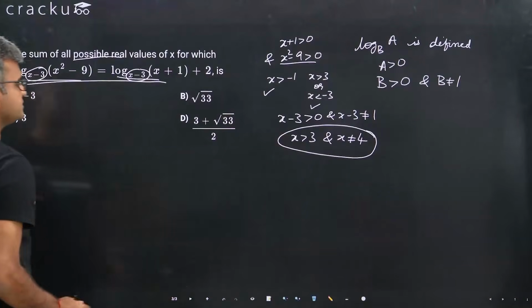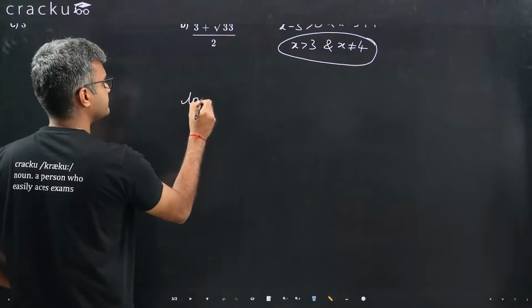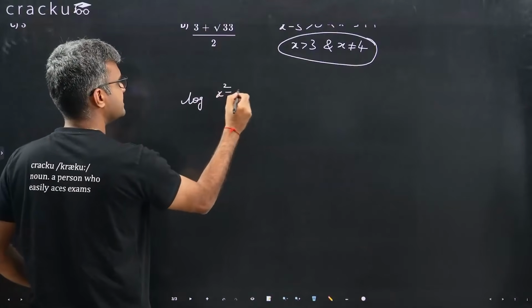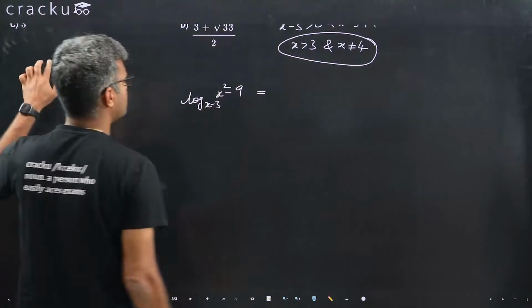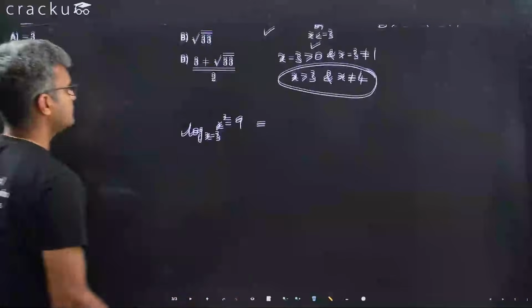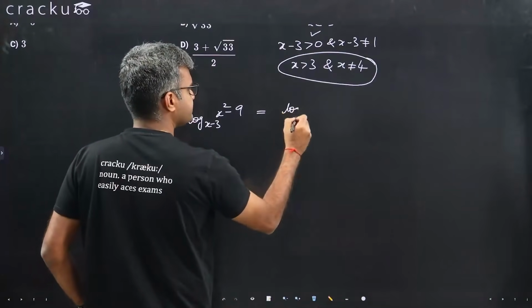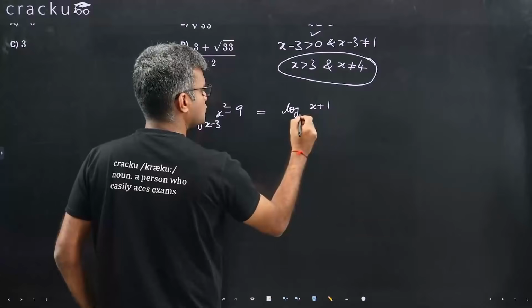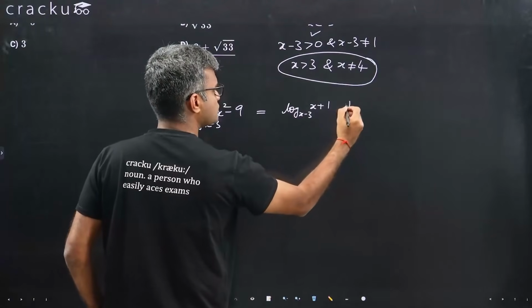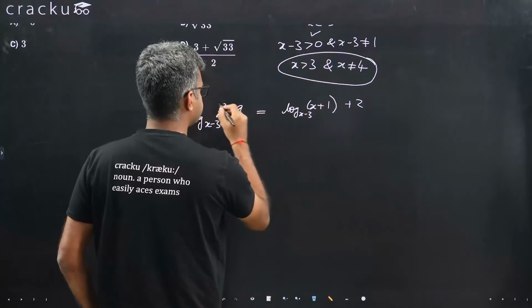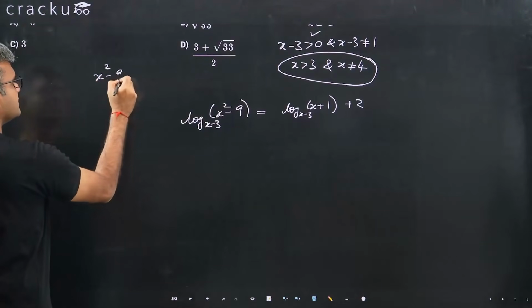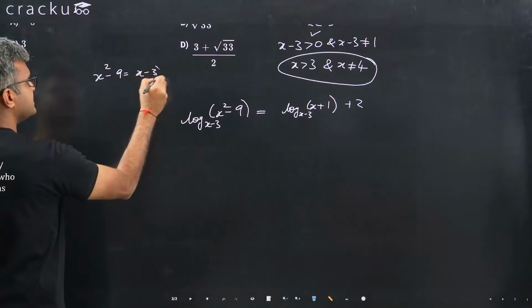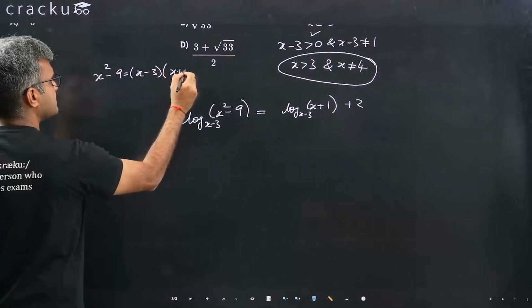The equation will be log of x square minus 9 to the base x minus 3 is equal to log of x plus 1 to the base x minus 3 plus 2. Now we know that x square minus 9 is equal to x minus 3 into x plus 3.